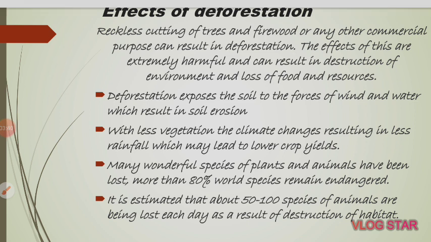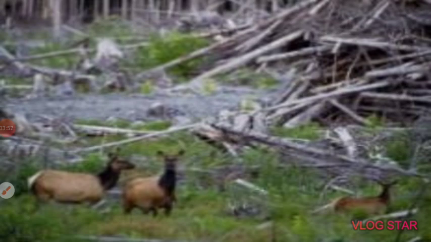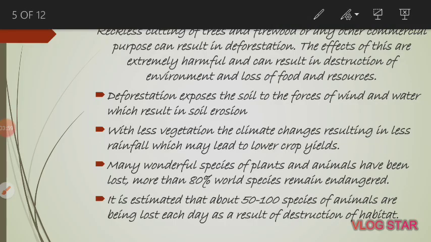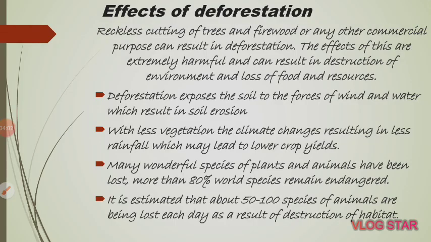Deforestation exposes the soil to the force of wind and water, which results in soil erosion. When you cut down the trees, the soil will be removed from there, and fertile areas will change into desert. With less vegetation, the climate changes, resulting in less rainfall.